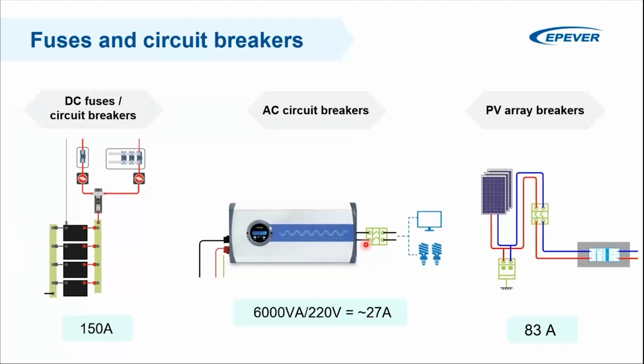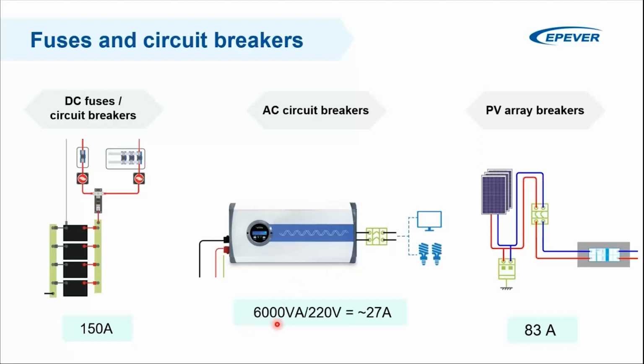And you also have to apply the same when you are supplying the consumers. You normally have a main AC circuit breaker, and then you might also have dedicated circuit breakers for each consumer. It depends on what you are powering and how much power you have. And if you want to calculate the current rating of this fuse, that's simple.